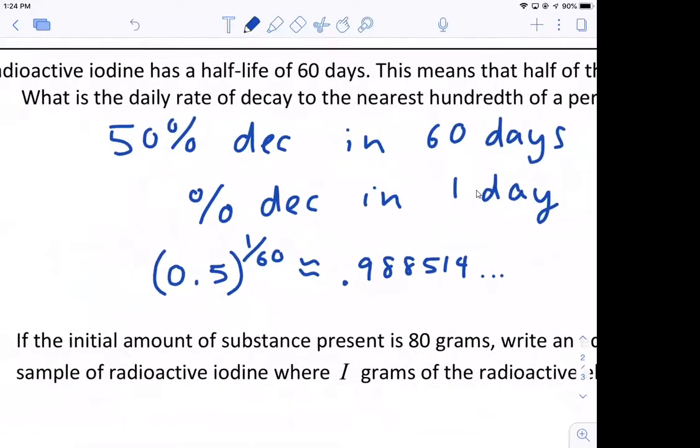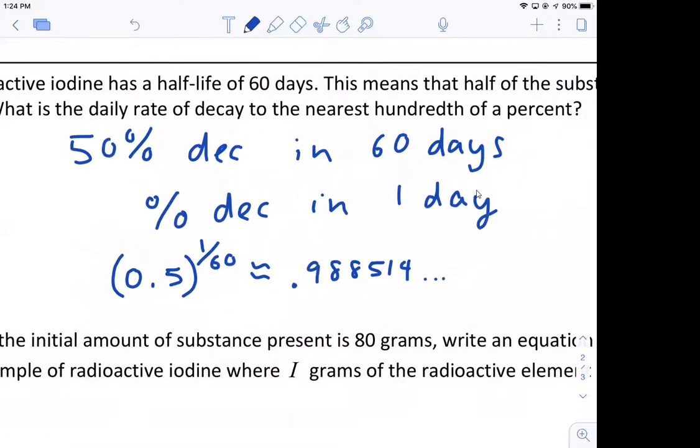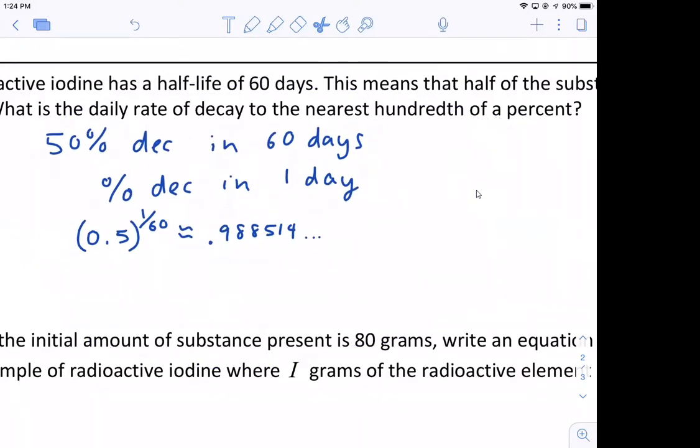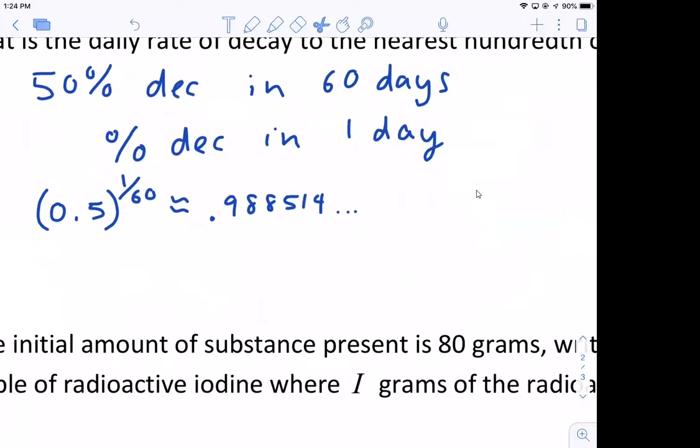And so that is our daily decay factor. We're going to multiply by a half for 60 days. And in 1 day, we're going to multiply by this amount each time. And that's our daily decay factor.